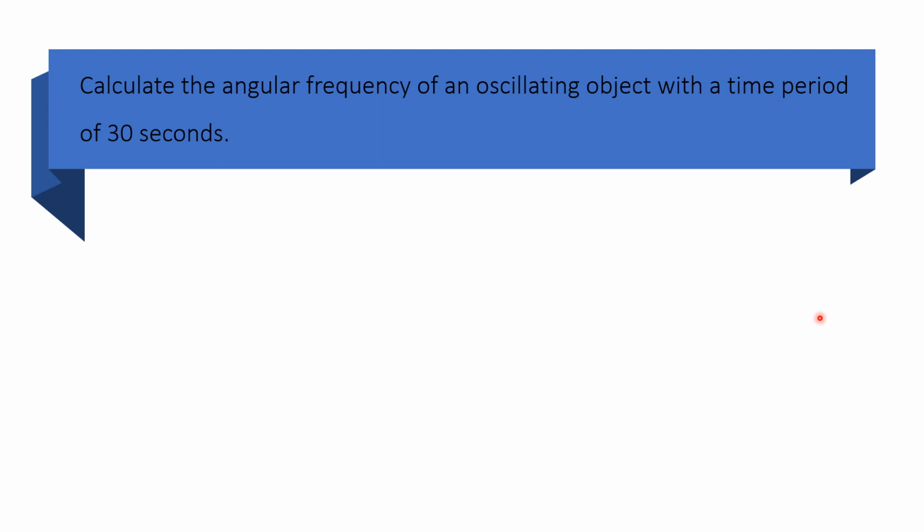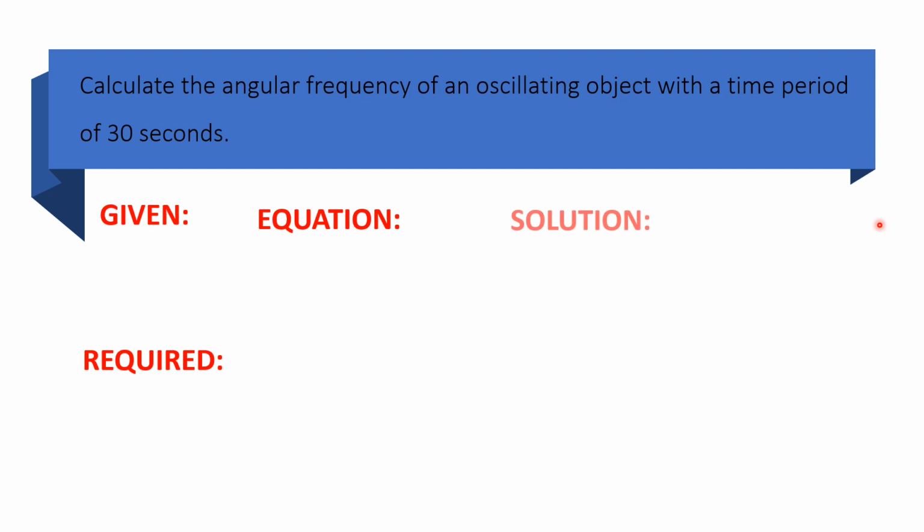Okay, let us have another problem. Suppose that we're going to calculate the angular frequency of an oscillating object with a time period of 30 seconds. So we have the given, required, equation, solution, and the answer. As you can see in the problem, it was given here the period. So that is 30 seconds.